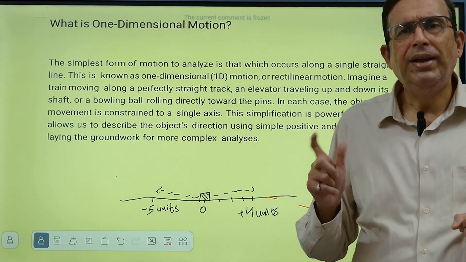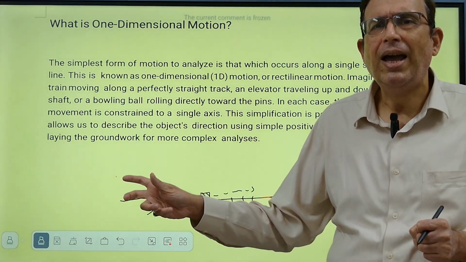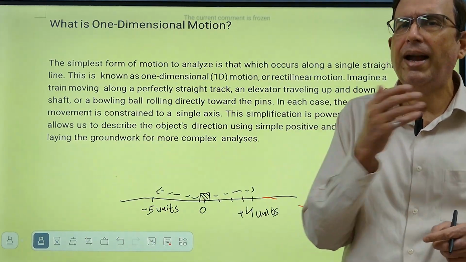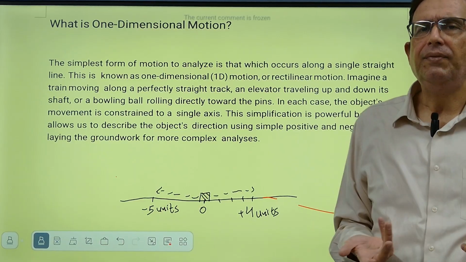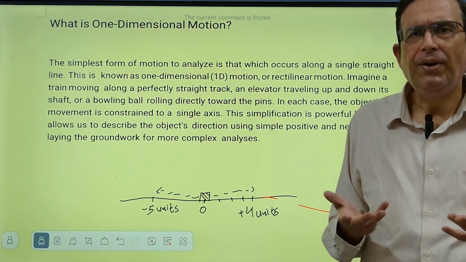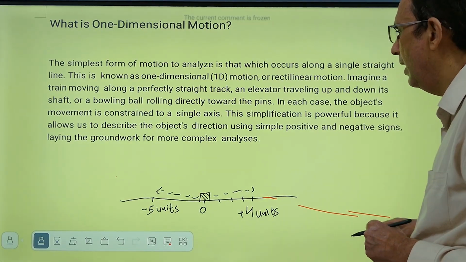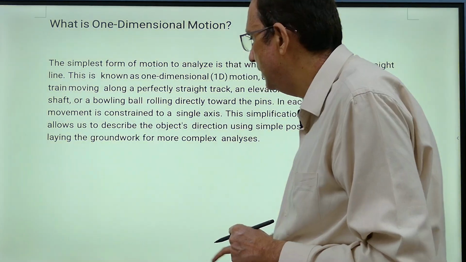And then we can say the position of an object with our frame of reference can be either 5 units or 10 units or 50 units or minus 50 units or minus 35 units or whatever. So this is how we describe a frame of reference for a one-dimensional motion. So let us proceed from here.